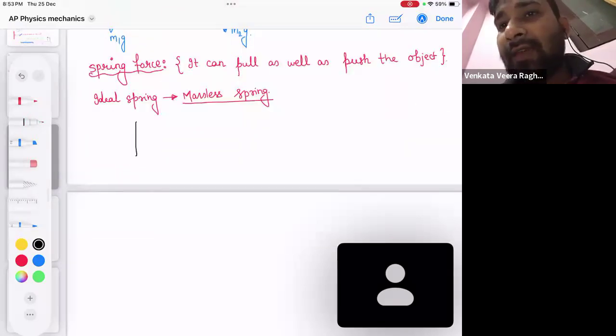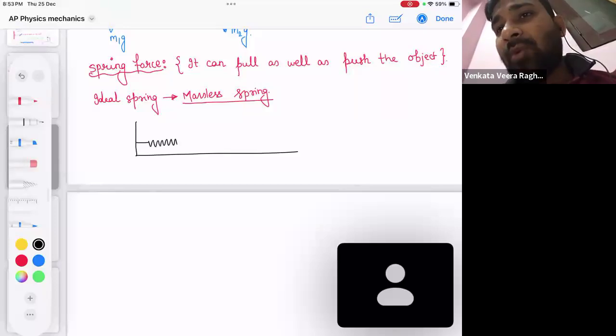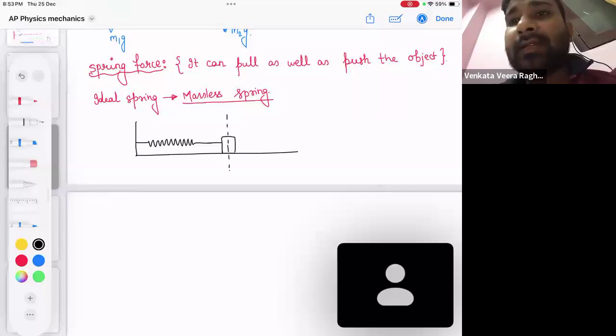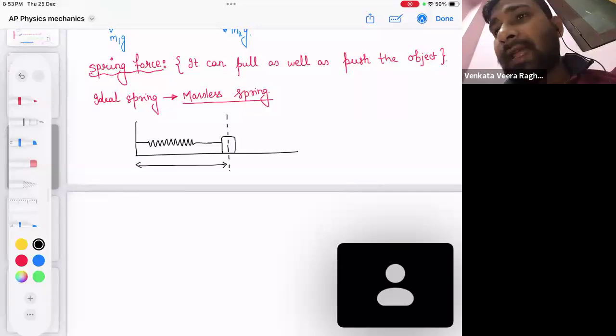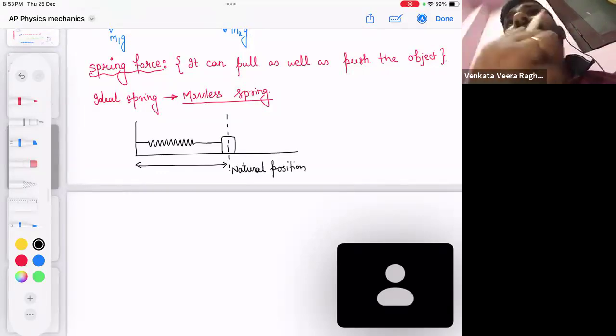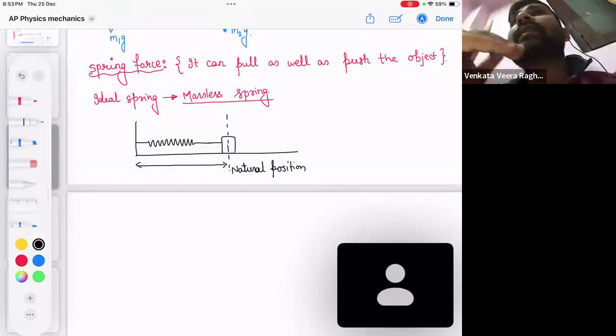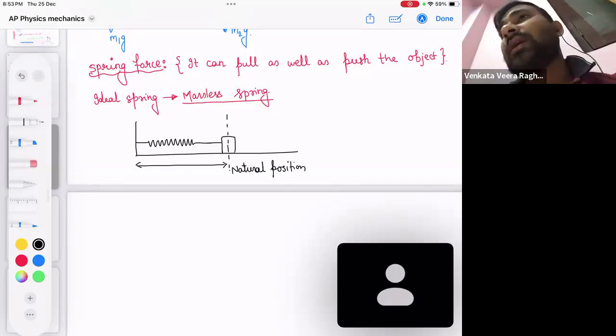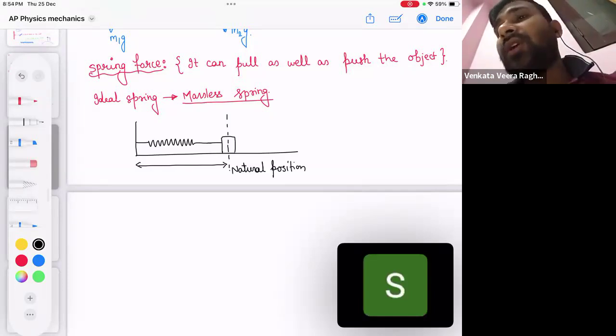That means, can I say every spring is going to have a natural length? This is called the natural position of the spring. Natural position means the position of the spring when it is neither elongated nor compressed. That position is called the natural position.